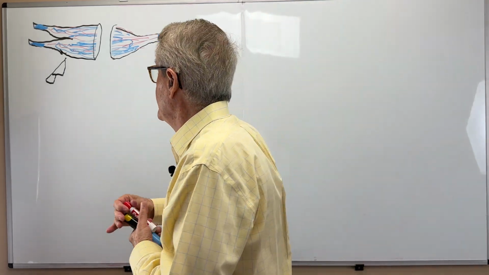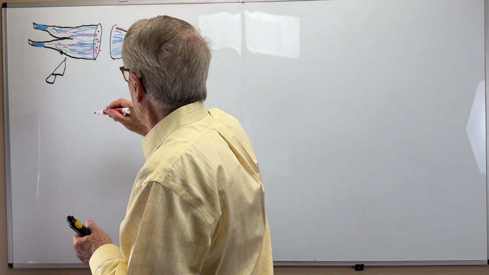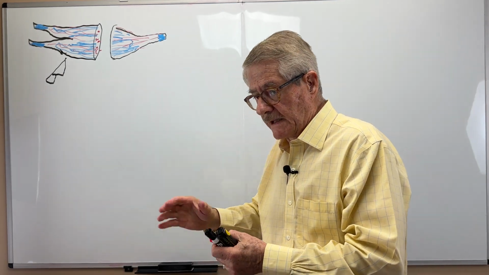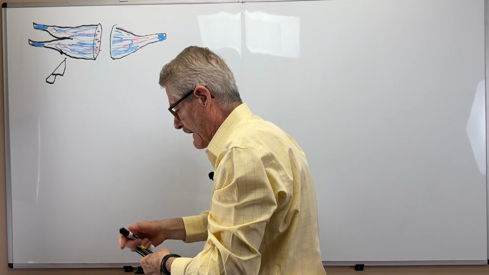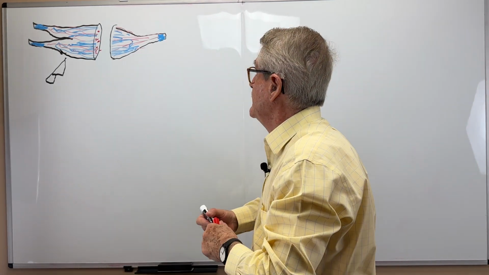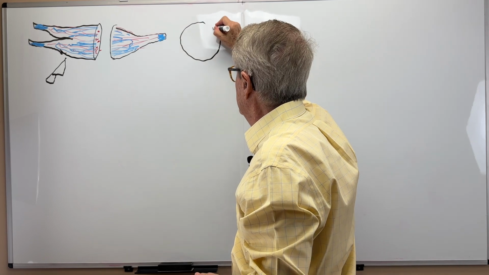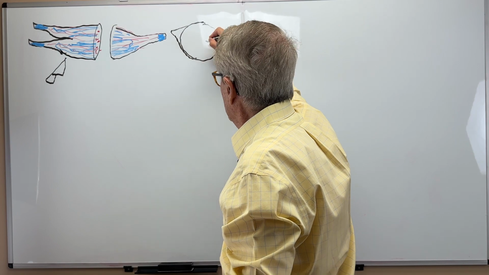Now you're going to see the cells here, but in order to see them better, I would rather recommend you to rotate the muscle so that you have the tendons here and the cells.